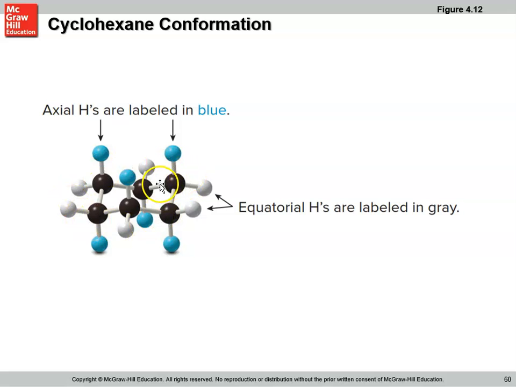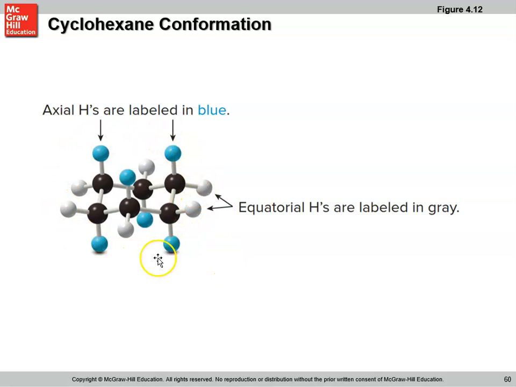So the axial positions are in different directions on every other carbon. And the equatorial positions on each carbon move out to the outside. Again, this angles down, angles up, angles down, angles up. So that is the relationship with those Newman projections.